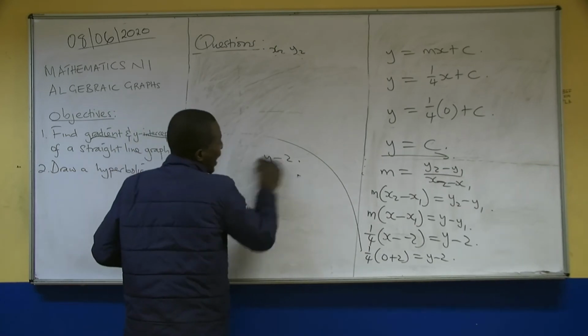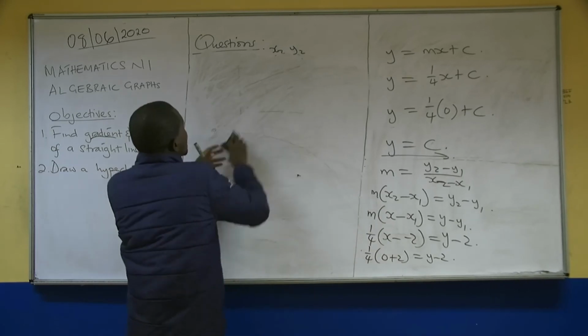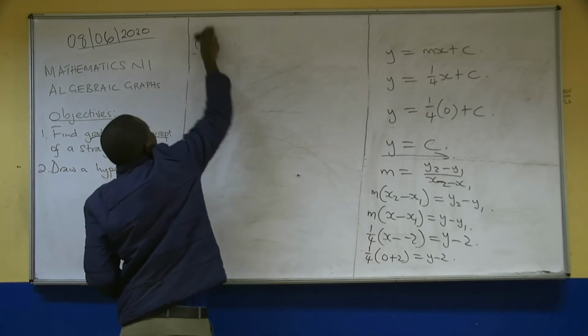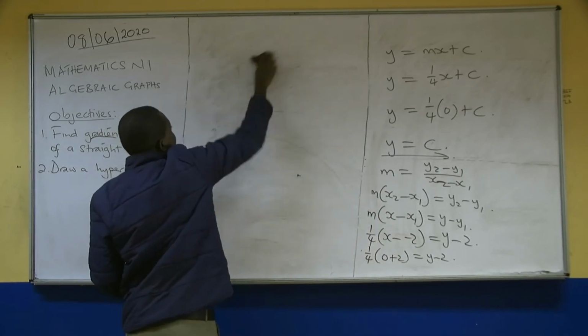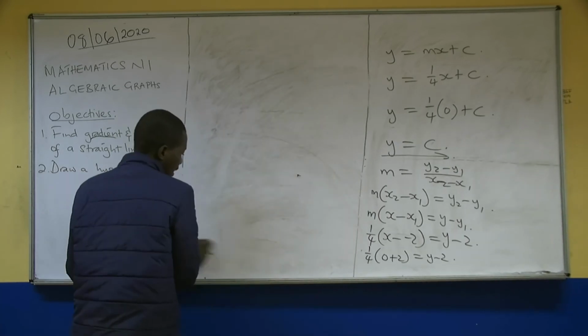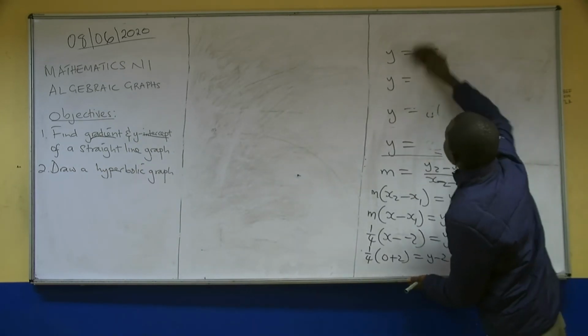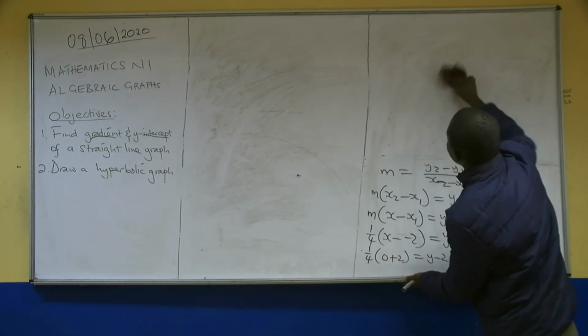Now moving on to the last part of our lesson, we want to look at what we call hyperbolic graphs. Remember, the objective said you should be able to draw a hyperbolic graph.